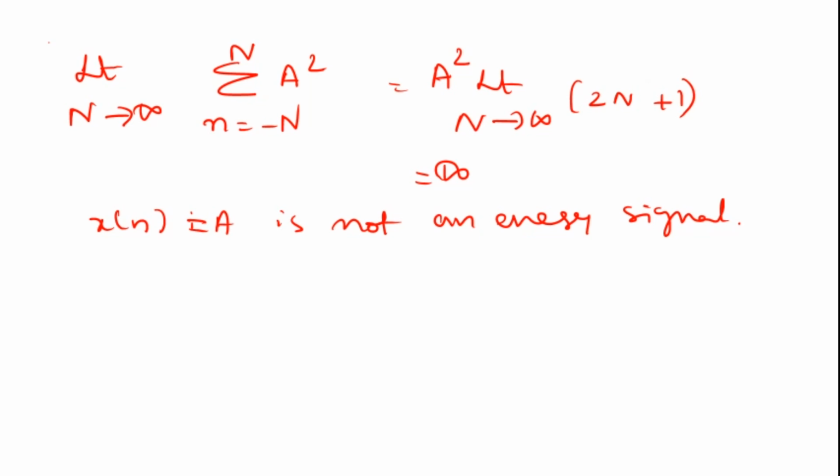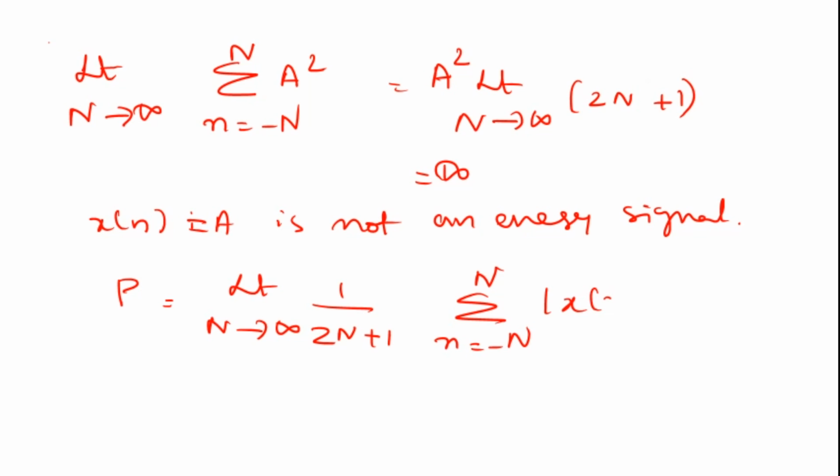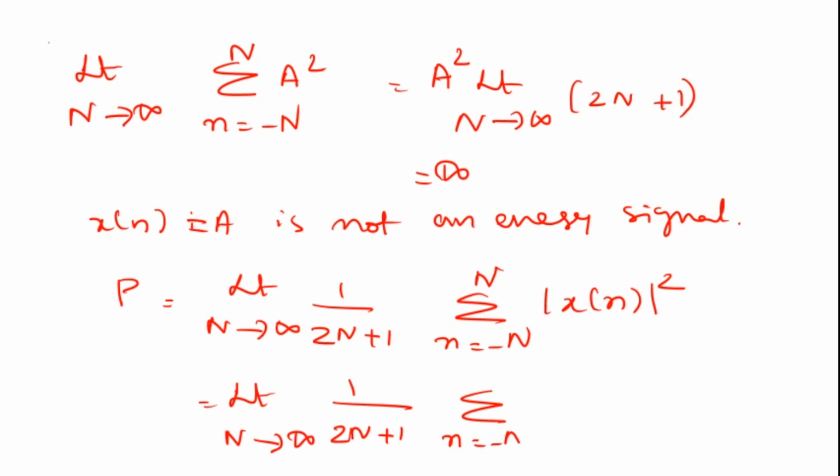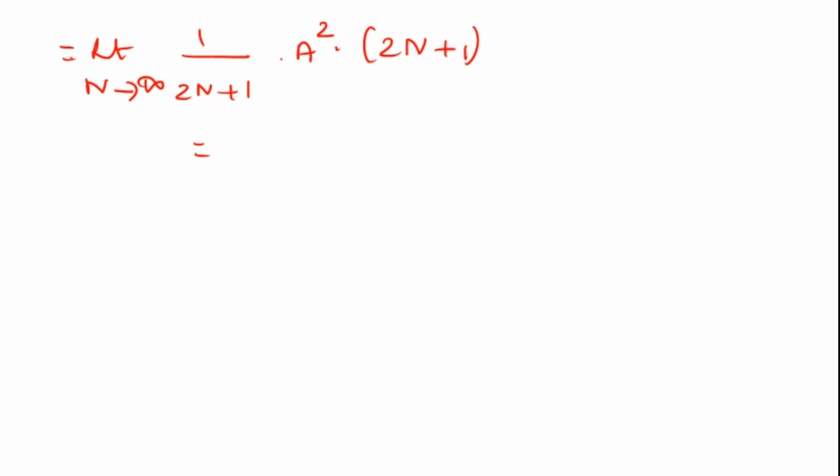Then we have to check whether it is a power signal. P is equal to limit N tends to infinity 1 divided by 2N plus 1 summation n is equal to minus N to N mod of x of n square, or limit N tends to infinity 1 divided by 2N plus 1 summation n is equal to minus N to N A square, which is equal to limit N tends to infinity 1 divided by 2N plus 1 into A square into 2N plus 1, which is equal to A square, which is less than infinity.